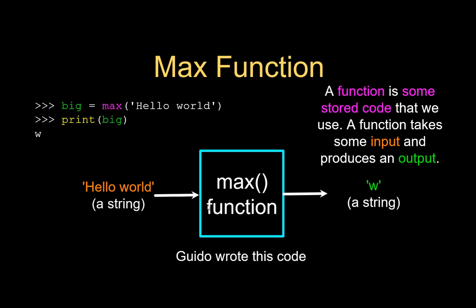Okay, so here basically the idea is that we have a string, and we're just kind of dissecting the max function. We have a string of hello world that we pass as an argument. It goes to the function and it will return us the value of W. So we have an input as a string and output as a string here, and this max function was built by the founder of Python, because it's a predefined function.